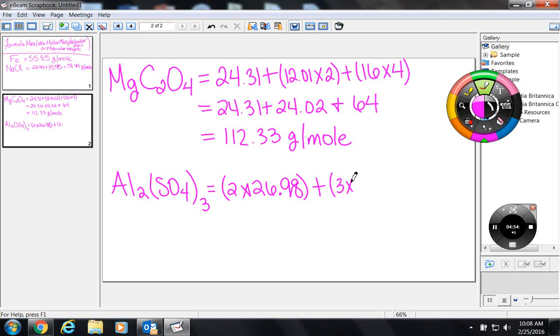That would be 3 sulfates, and then plus 12 times 16. It's 192.